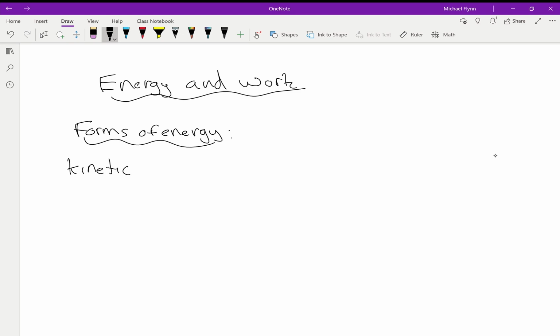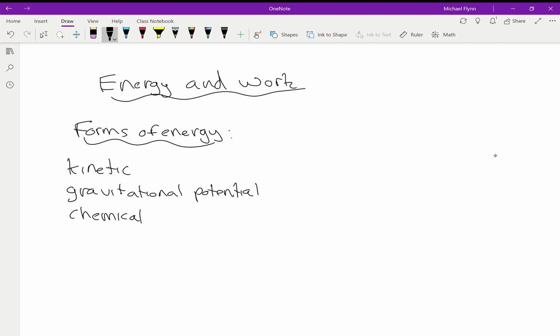Okay. Gravity can do work. It can exert a force on a moving object, right? So we call this gravitational potential. Chemistry.